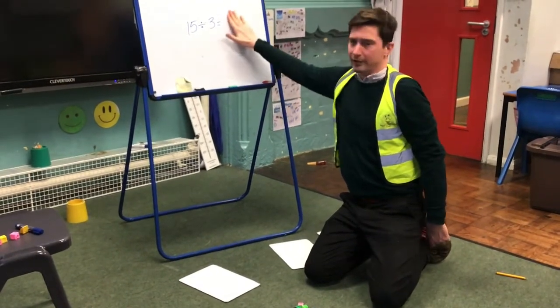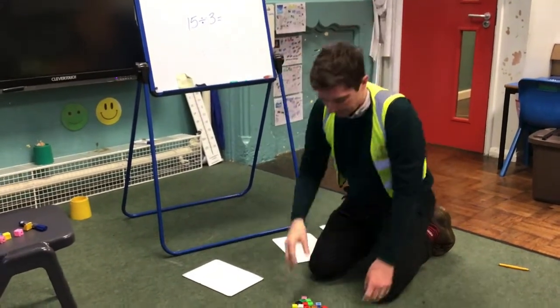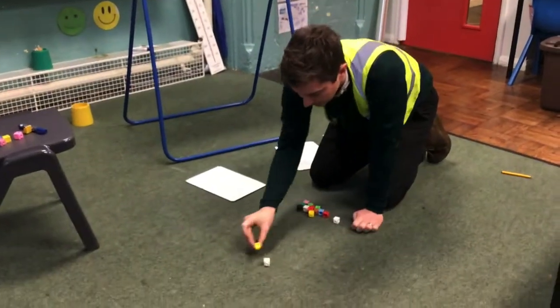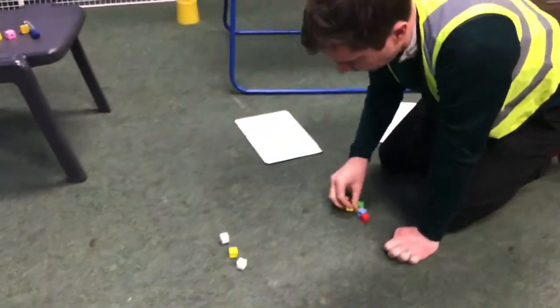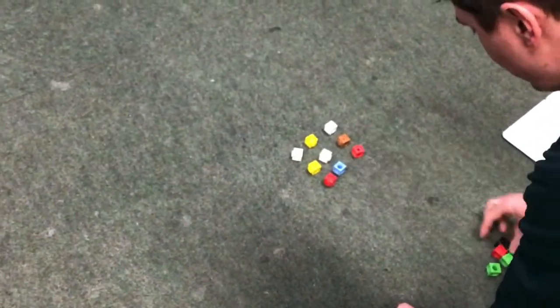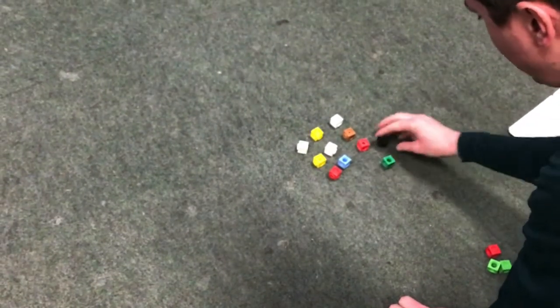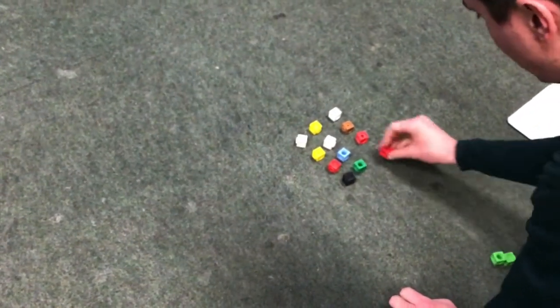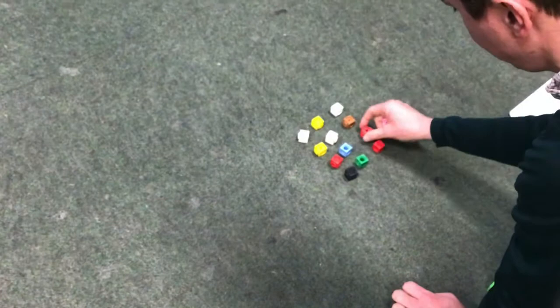I'm going to rub out that answer because maybe mine will be different. Let's find out. I'm going to make an array, just like you practiced. So I've got 3 there, 3 there, 3 there. Being careful to make it really neat. If I start putting one over here, it's going to be much harder. So I've got 3 there, and 3 there.